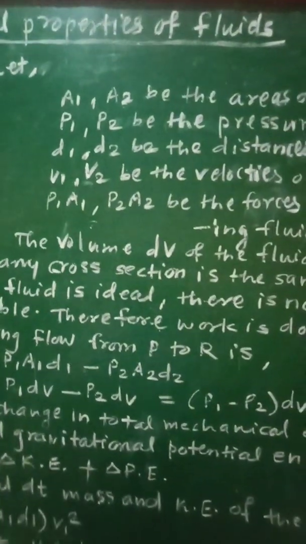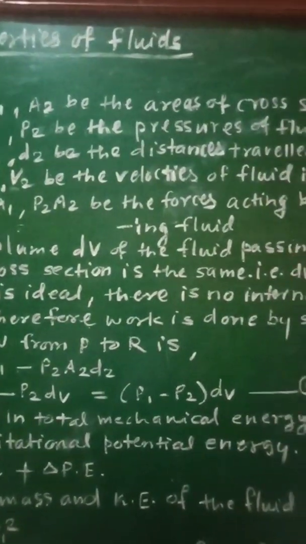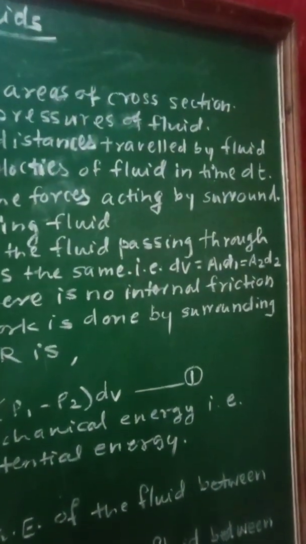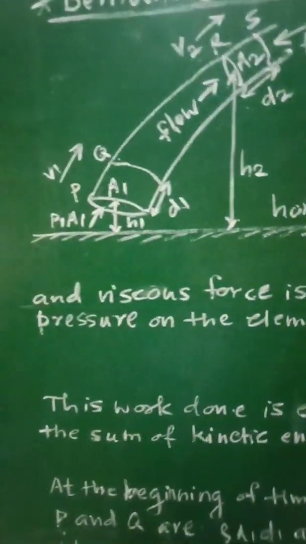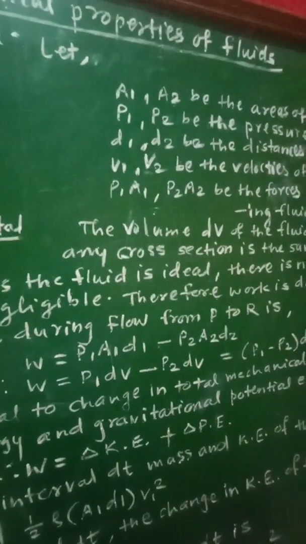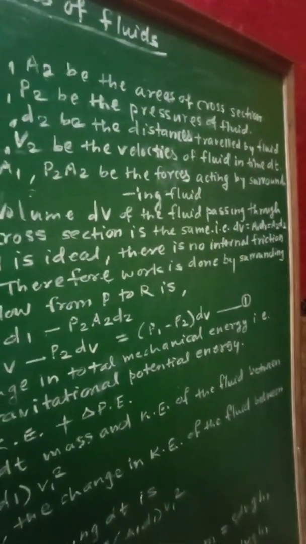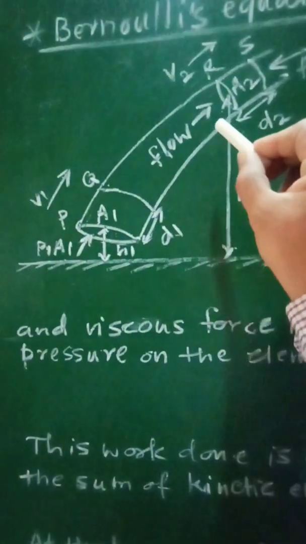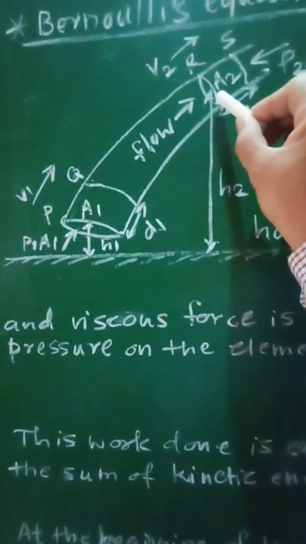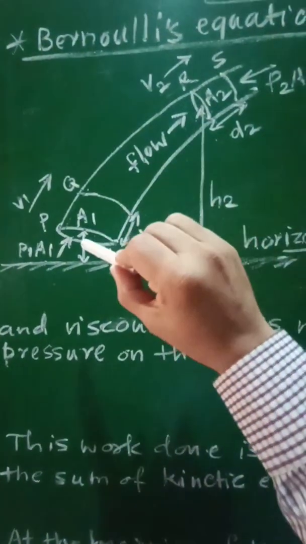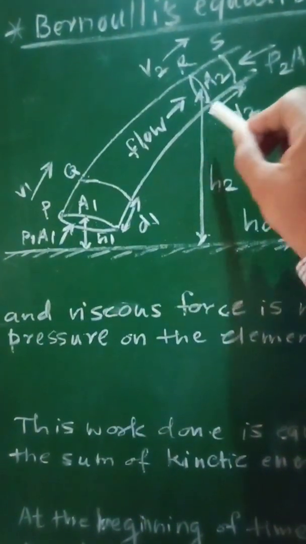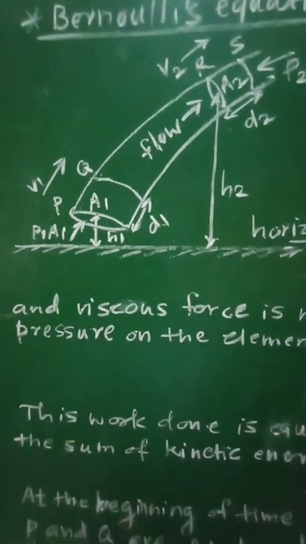Then P1 A1 and P2 A2 be the forces acting on the surrounding fluid. So P1 A1 and P2 A2, these are the forces acting at the lower end P and the upper end R by the surrounding fluid.